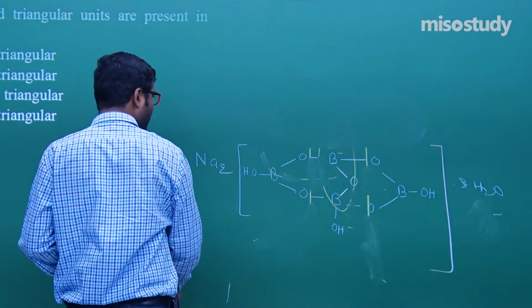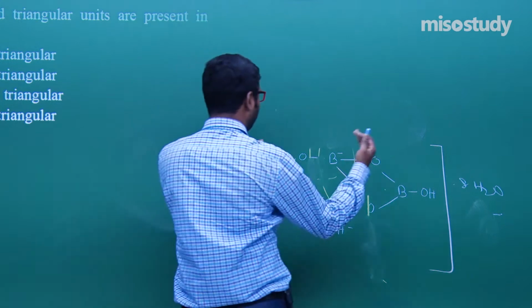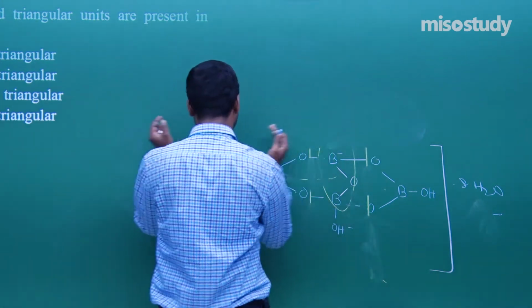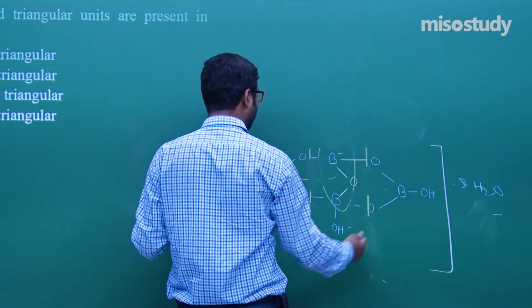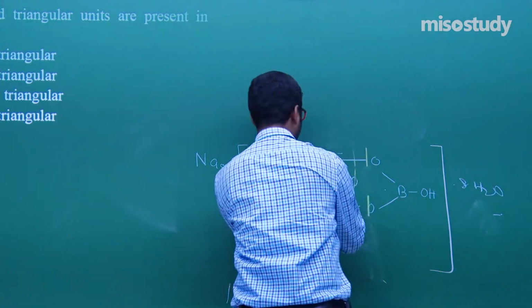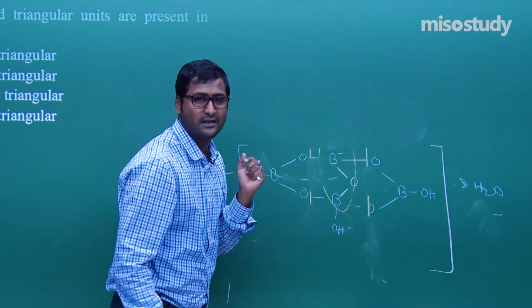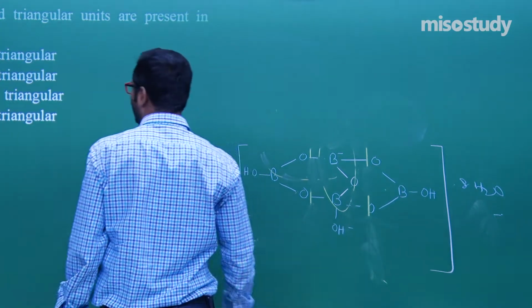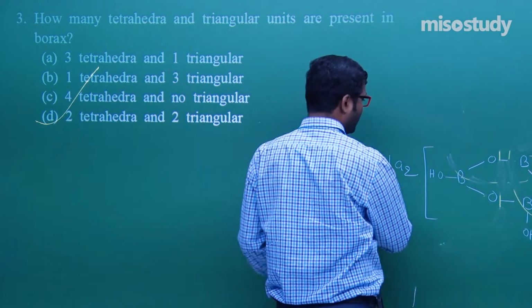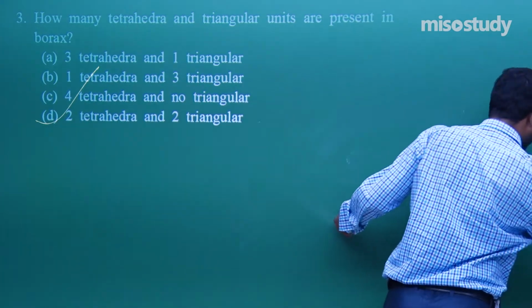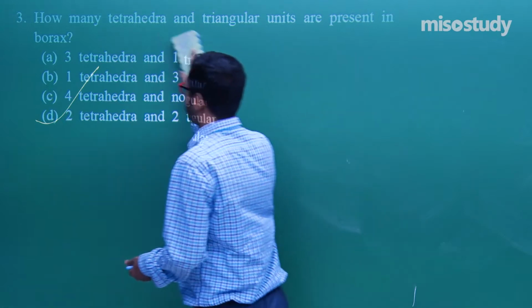Clear? So the joining is like this: one part here and the second part is here. The bridging is that one. Two tetrahedra, and if I move here, there are two triangular parts. So two tetrahedra and two triangular parts. So D is the correct option. Now friend, I am going to rub this part and we'll discuss the next one.